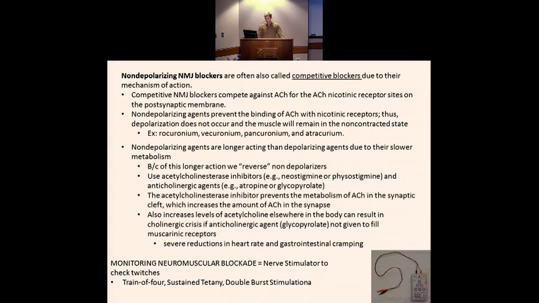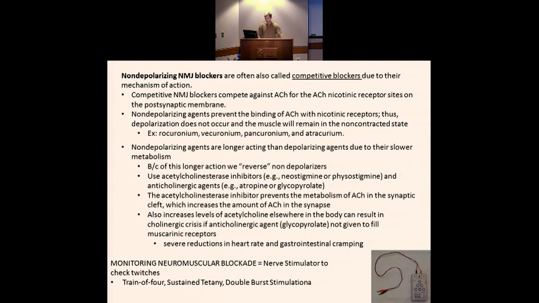You have to reverse them. Just throwing out some pharmacology that we covered. We use neostigmine, paired with glycopyrrolate or atropine. The acetylcholinesterase inhibitor, neostigmine, prevents the metabolism of acetylcholine in the synaptic cleft, which increases the amount of acetylcholine in the synapse, and that's what's able to competitively kick the neuromuscular blocker off the receptor site.